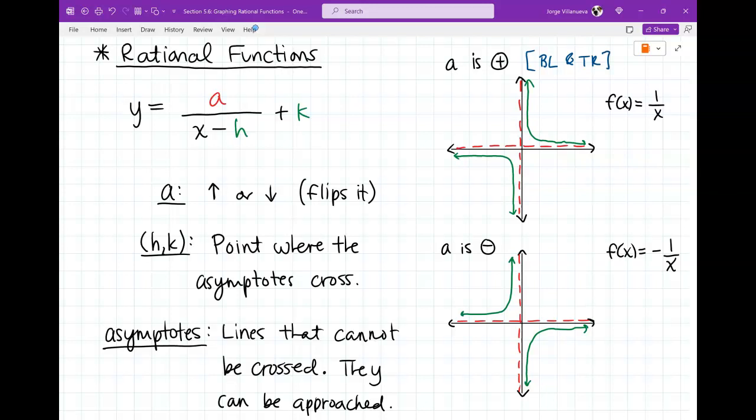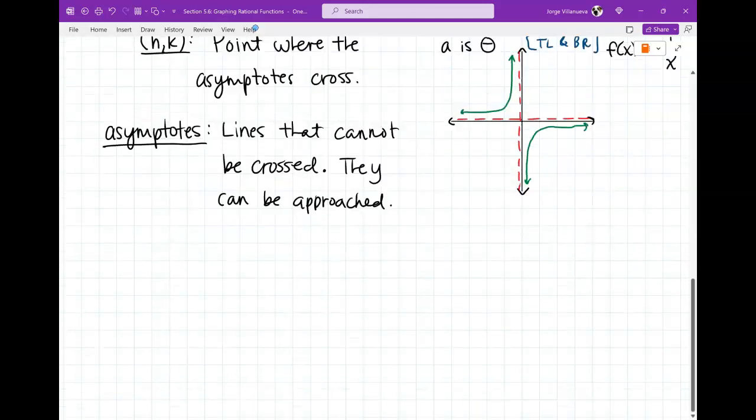If A is positive, it's the bottom left box of the asymptotes, and then TR, top right, for the top right box. You'll see a little bit better once I do this. For this one right here, it's going to be top left and bottom right. Just memorize the top one and then just know if it's negative, just flip it over.